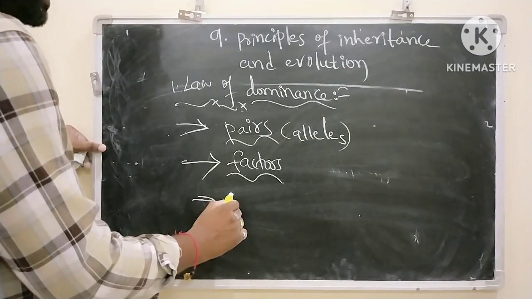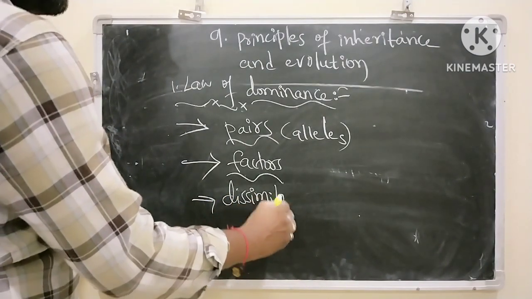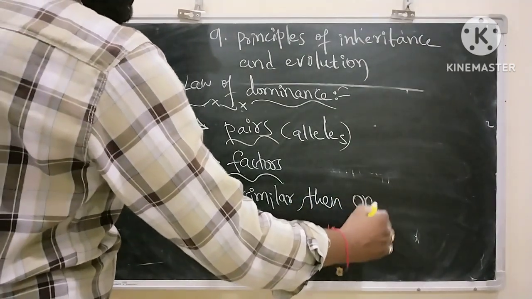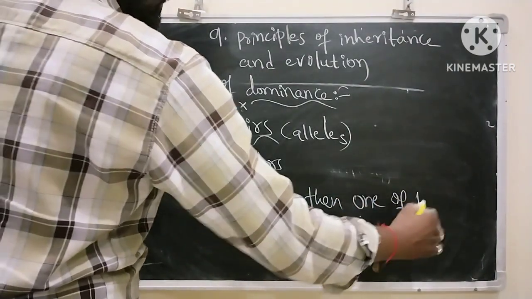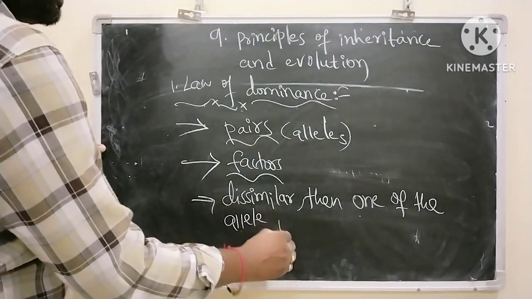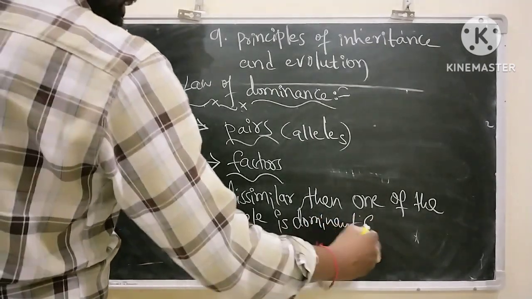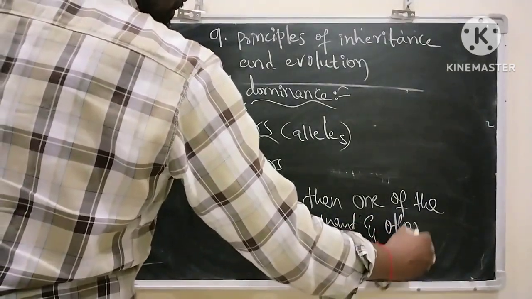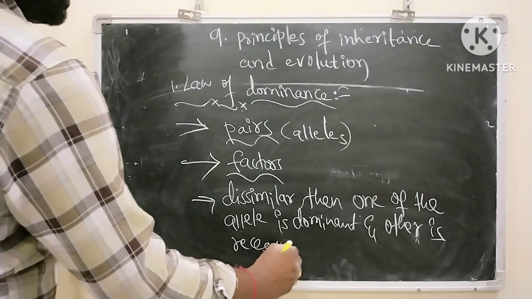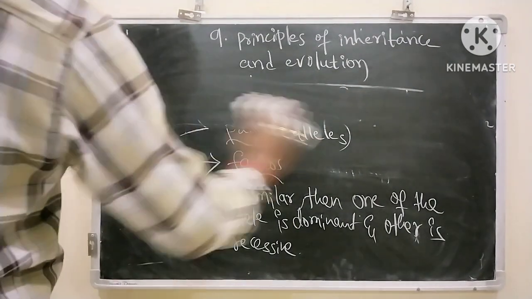If the pair is dissimilar, then one allele from the pair is dominant and the other is recessive. So this is called the law of dominance.